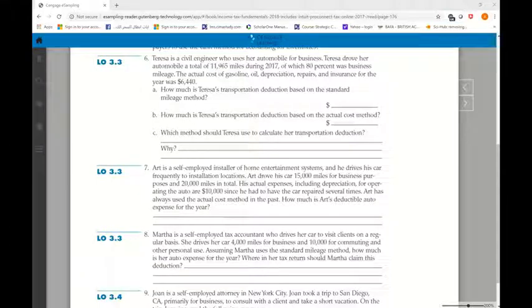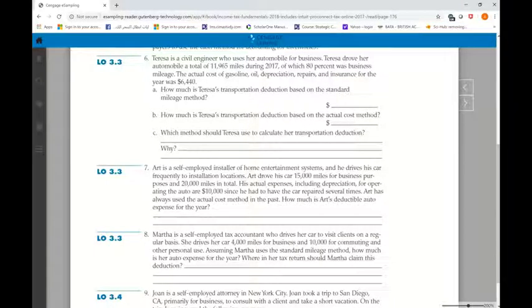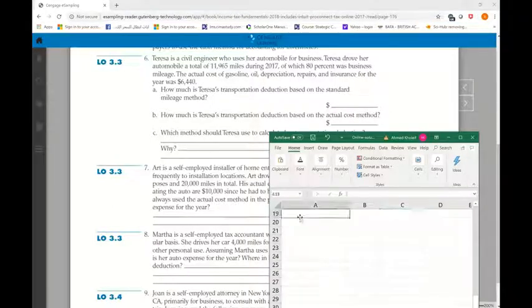Remember here the rate for standard mileage is 0.535 per mile. This is problem 6, part A. We multiply the standard rate, 0.535, times the business mileage.